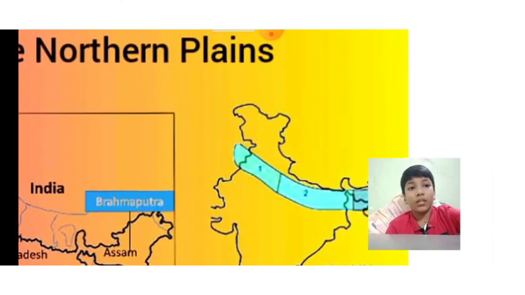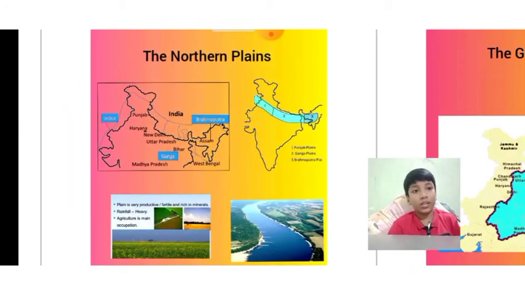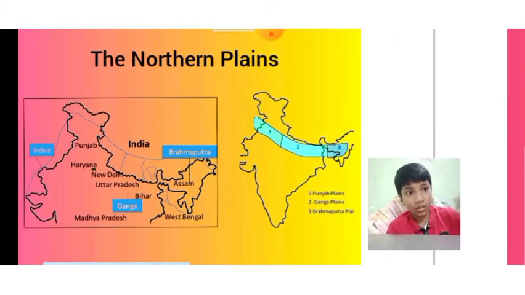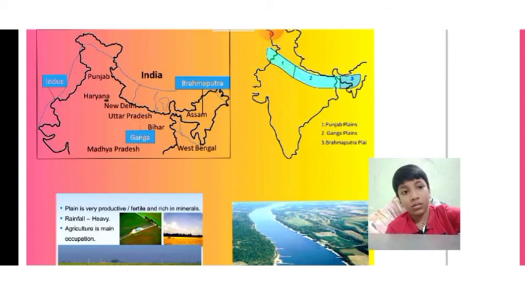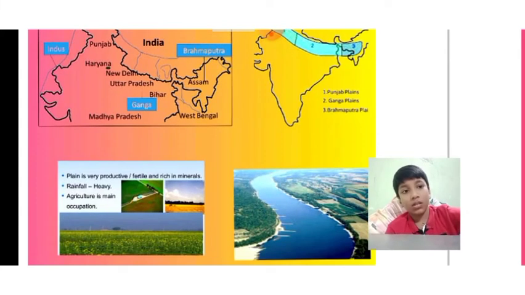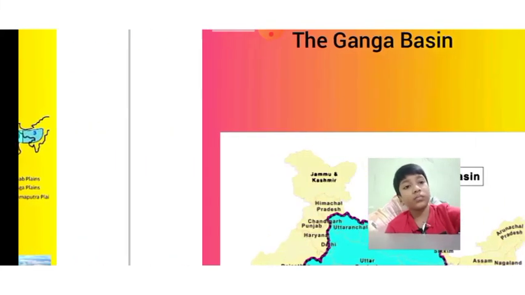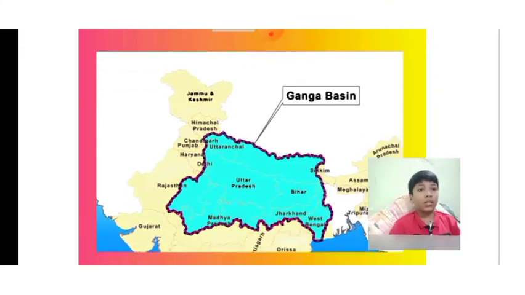And it divides into 3 river basins: Satluj Basin, Ganga Basin, Brahmaputra Basin. See, this is a river basin, Ganga Basin. The Ganga Basin covers these areas: Uttar Pradesh, Bihar, Jharkhand, West Bengal, and parts of Madhya Pradesh.